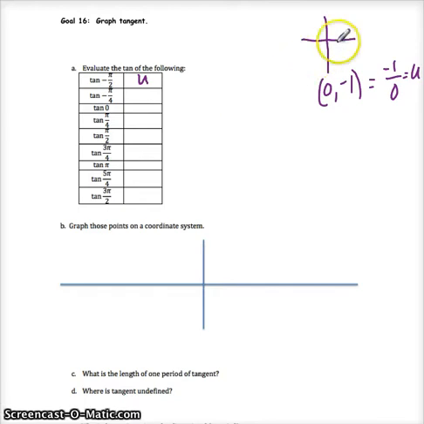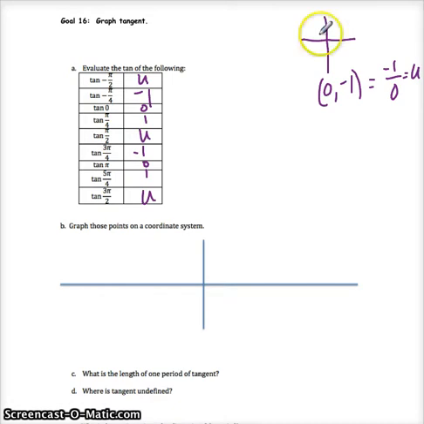Would you please pause the video and complete the table finding the tangent of these other trig functions. Then turn the video back on and check your answers. All right, let's see how you did. These are your values. Tan should be undefined at negative pi over 2, positive pi over 2, and 3 pi over 2.